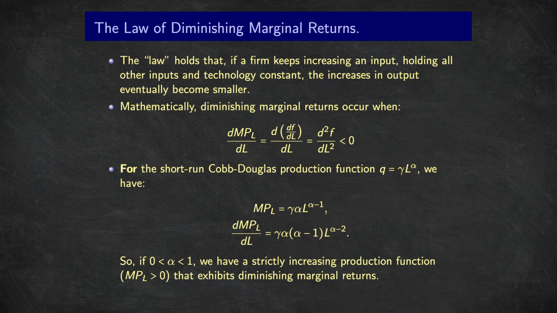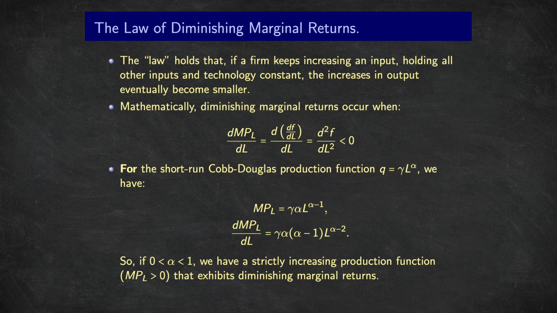Okay, so the increment that each unit of labor adds to our output diminishes as we employ more and more. So that generates a concave production function. Even though it's increasing, in this case it's concave as well, which means the first derivative is positive, it's increasing, and the second derivative is negative.